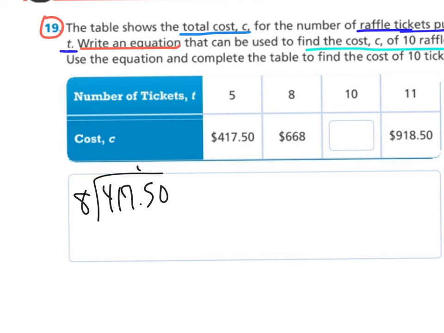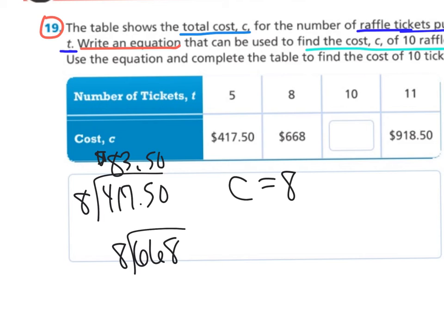So if you do 417.50 divided by 8, that will come out as 83.50. And if you divide that out for any of these other ones, it'll come out the same. So what that means is our cost is equal to 83.50 times however many tickets that we bought.